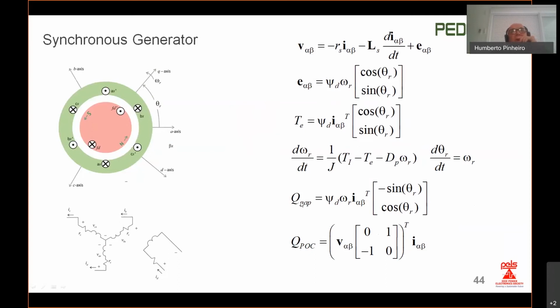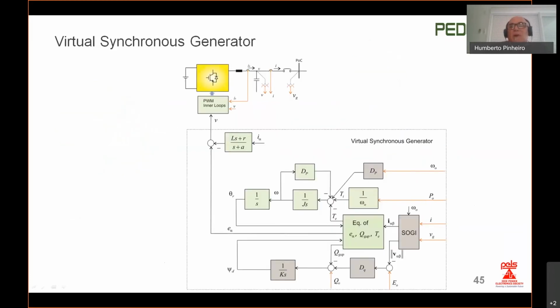Another quantity we are interested in is the reactive power. We consider two cases: the reactive power computed at the gap, or the reactive power computed at the point of interconnection. The block diagram of the implemented virtual synchronous machine is shown over here. This block implements the virtual inductor and resistor.